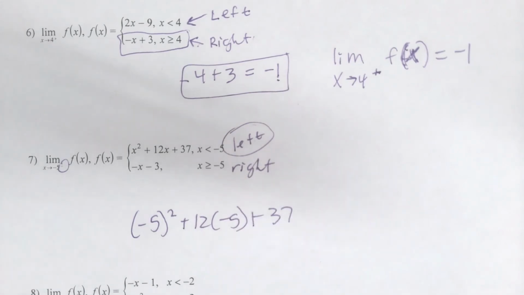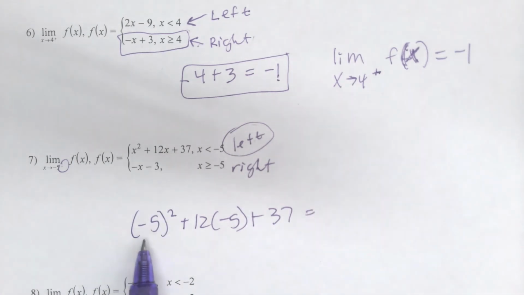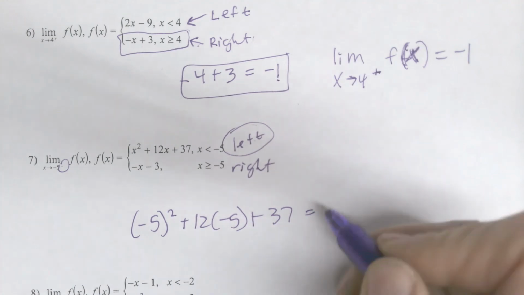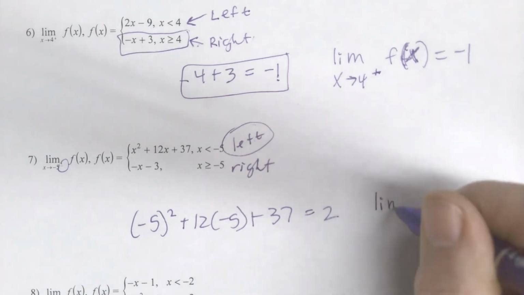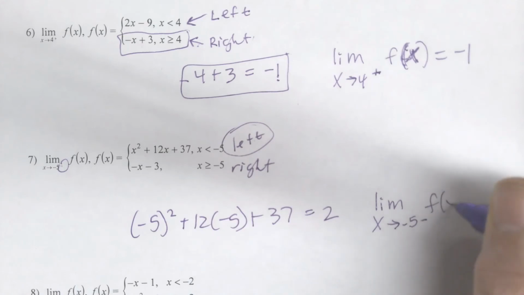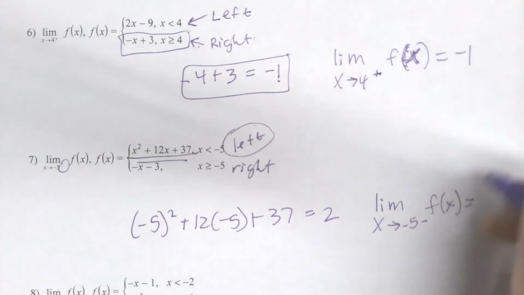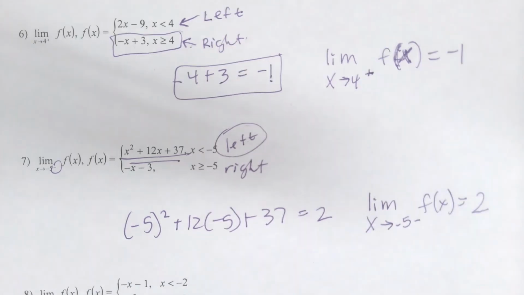I just need to figure out what the value is on the left. 25 minus 60 plus 37, and I should get 2 for that. And so the limit as x approaches -5 from the left of this function is just the left-hand piece of this function, which came out to be 2 for me.